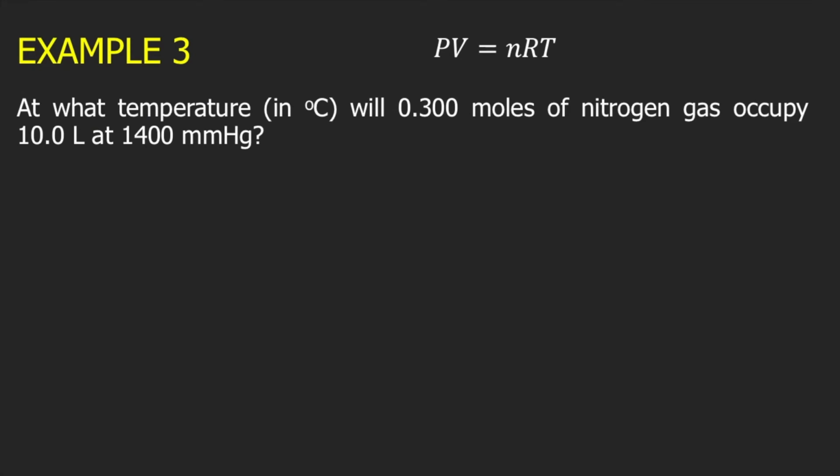For the last example, at what temperature in degrees Celsius will 0.300 moles of nitrogen gas occupy 10.0 liters at 1,400 millimeters mercury? So again, same equation, ideal gas equation.